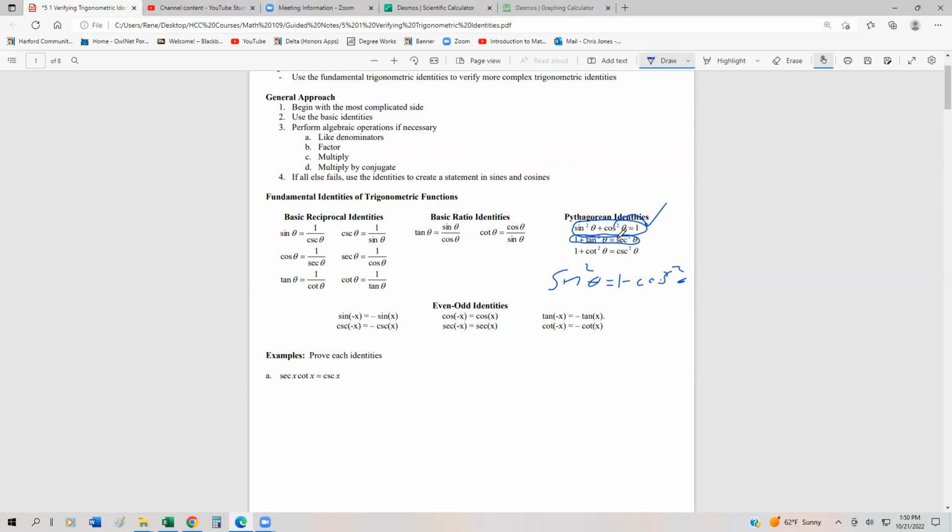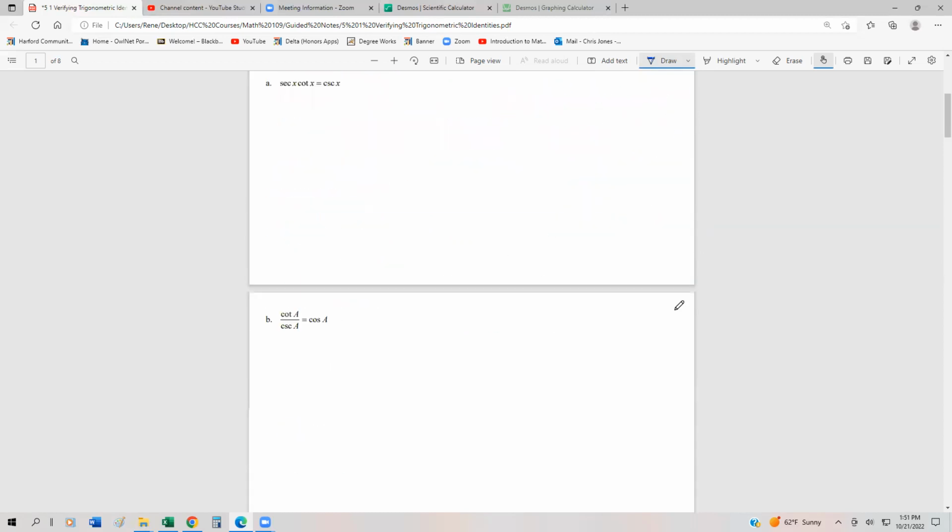All right, so we could isolate tangent square by subtracting 1 from both sides. And notice we could write this as tan square of theta equals secant square of theta minus 1. All right, so let's do that by our Pythagorean identity.